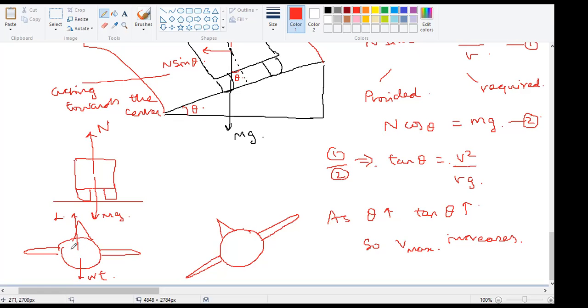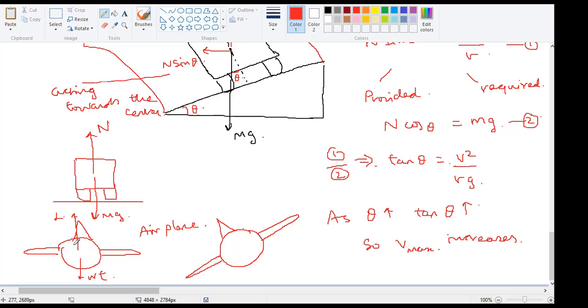Why I cannot call this as normal reaction? Anybody? Is the airplane touching the ground? So if it doesn't touch the ground, but it's close to the ground, since it is not touching the ground, I would not call it as normal reaction, because normal reaction is coming from the ground.